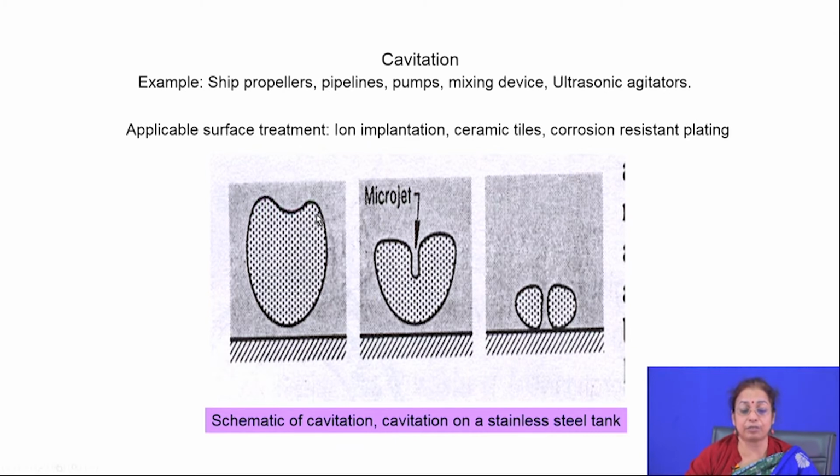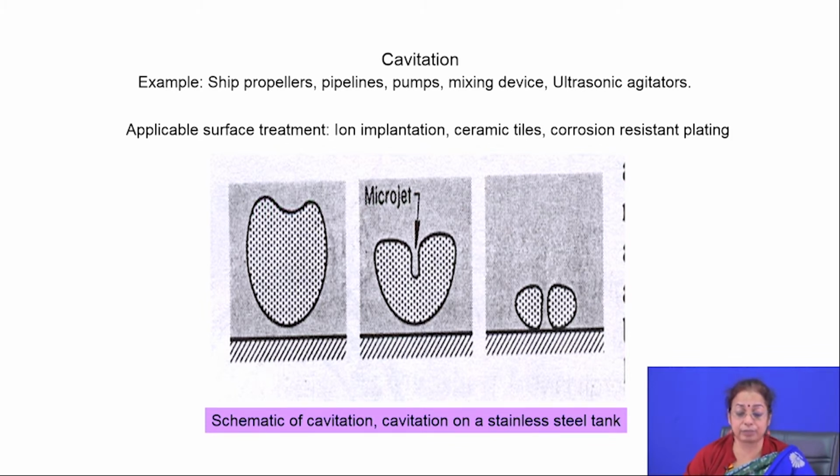That is called cavitation erosion. It occurs at such a fast rate that the material degradation happens very quickly, and if you see the surface, there is a lot of cavity formation, because cavitation erosion is associated with the formation of large cavities on the surface.